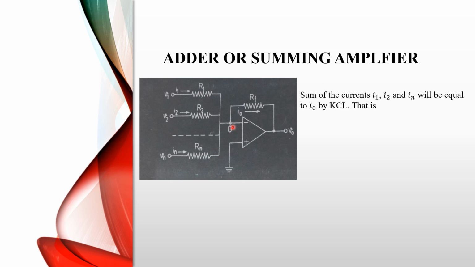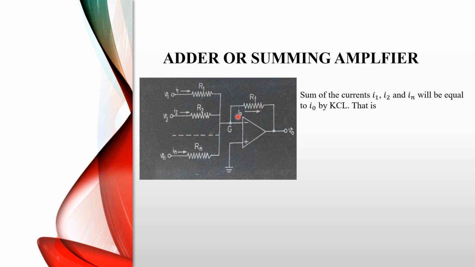When we apply KCL at a node, the current entering this node is represented by positive current and the current leaving this node is represented by negative current, right?